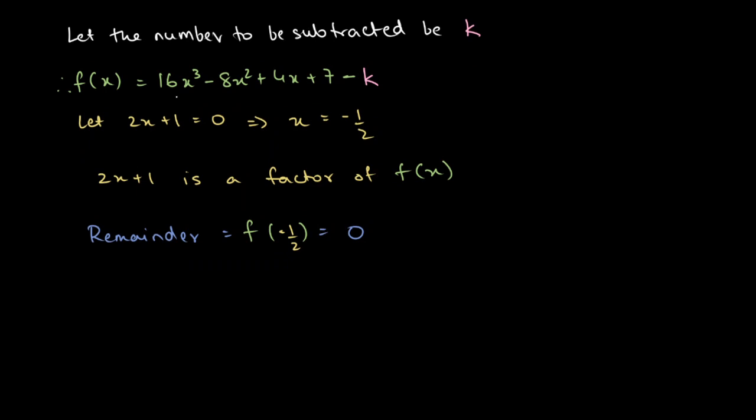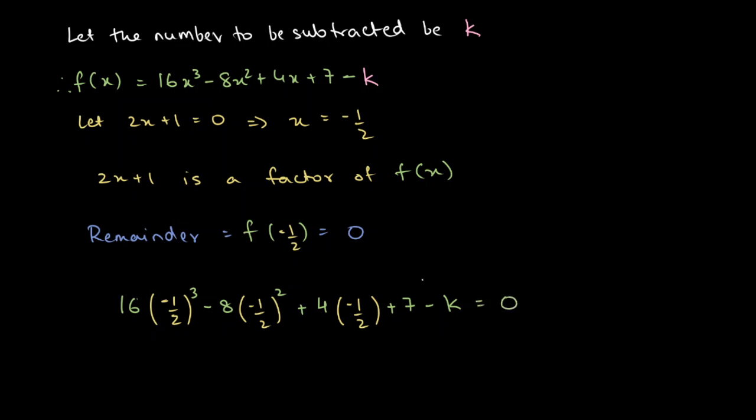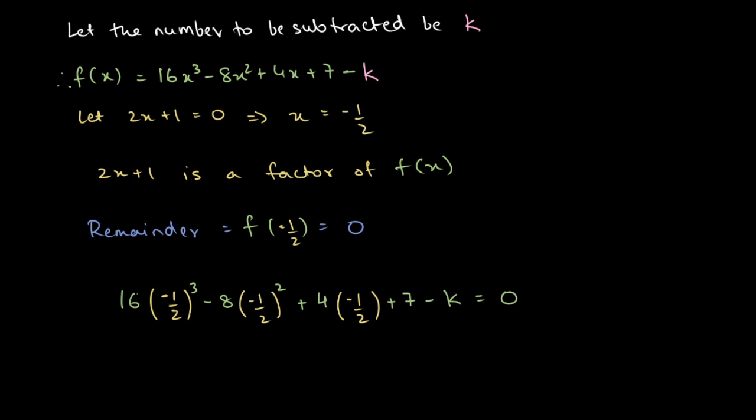We have 16x cubed, so that is 16 into minus half cube, minus 8x squared, so 8 into minus half square, plus 4x, so 4 into minus half, plus 7 minus k, and this entire value is equal to 0 because it's a factor, so the value of the remainder should be equal to 0.